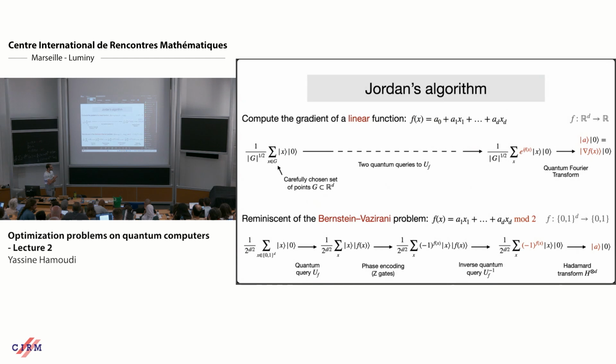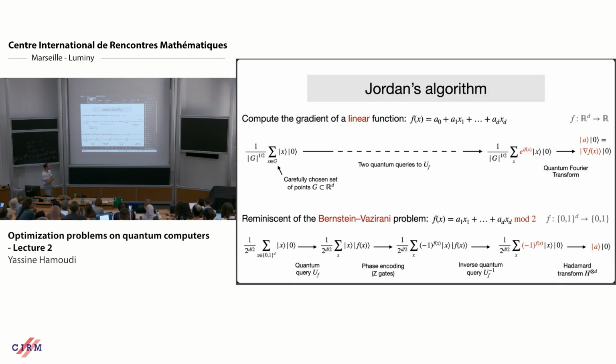Now we are over the reals, so we have to discretize the space in the right way. The way it's done is by choosing a discretized grid of points around the current iterate for which you want to compute the gradient, and preparing a superposition over this grid of points using a finite encoding of the real numbers.